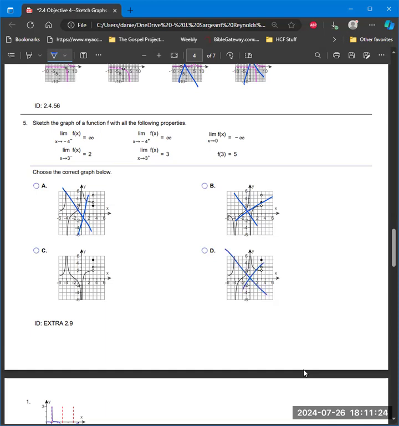So that's got to be C. I don't even need to finish up the rest of these things. As I approach 0, I go to negative infinity, both sides there. As I approach 3 from the left, I get close to 2. As I approach 3 from the right, I get close to 3. So there's this jump discontinuity, and f of 3 is 5.